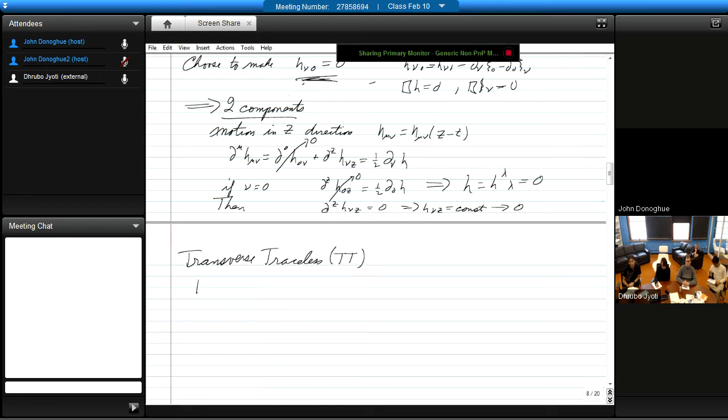We have the following conditions. We've got box h mu nu equals 0. We've got d mu h mu nu equals 0 because we already have h equals 0. And h0 nu is equal to 0 by our gauge condition. So we've got all those conditions there.